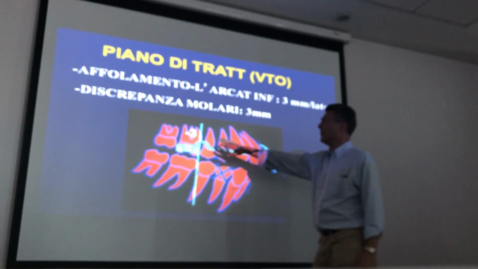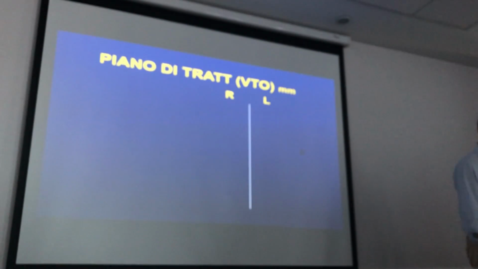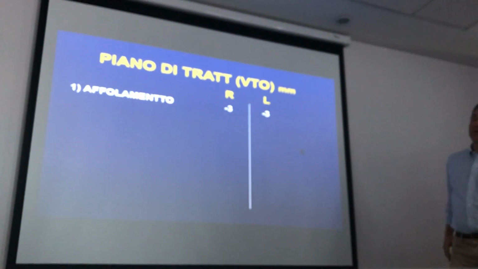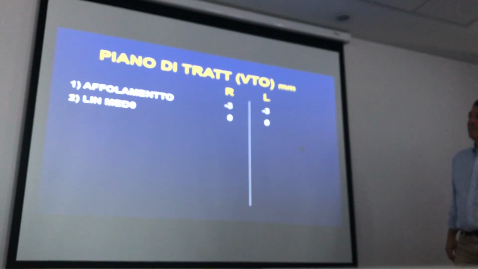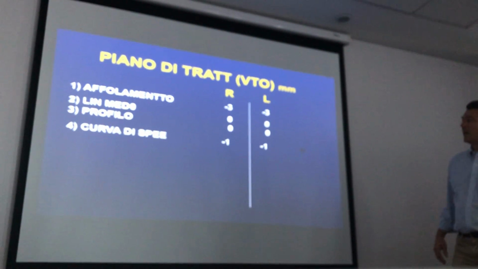So we have 3 millimeters of class 2. Let's go back to our treatment plan. 3 millimeters of crowding. The midline is centered. Profile we want there. Curve of Spee 1.